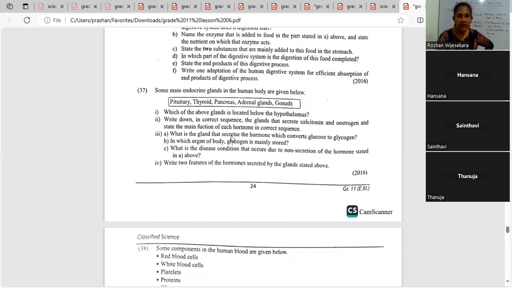In this question there is no hormone mentioned, right? Only the gland is mentioned. But we know the pancreas secretes insulin and glucagon hormones. Therefore, if those hormones are not secreted, the disease is diabetes. Diabetes is the correct answer.